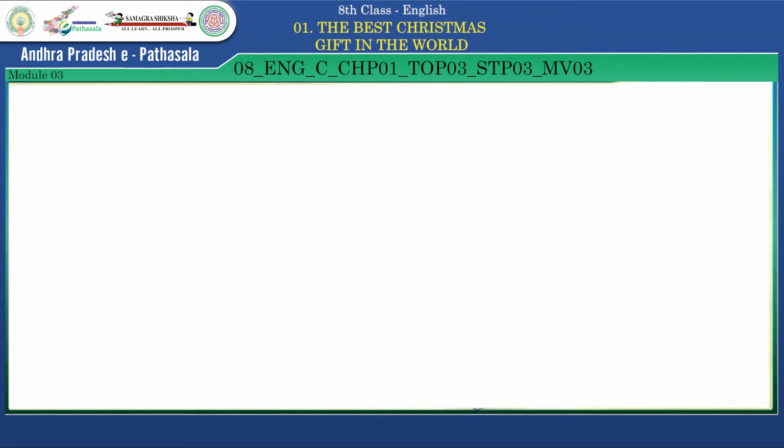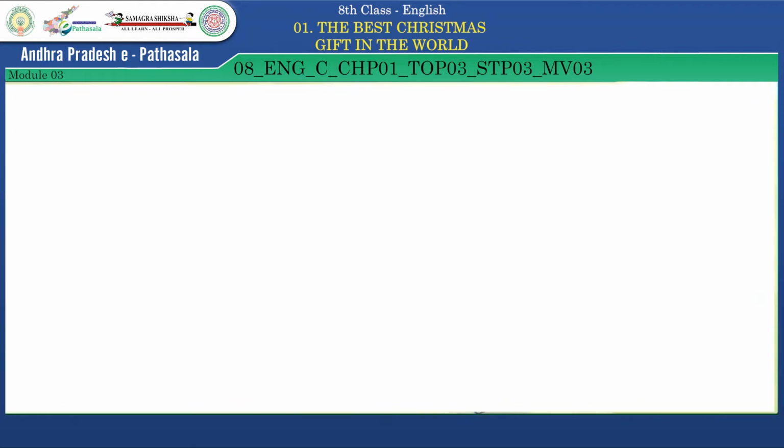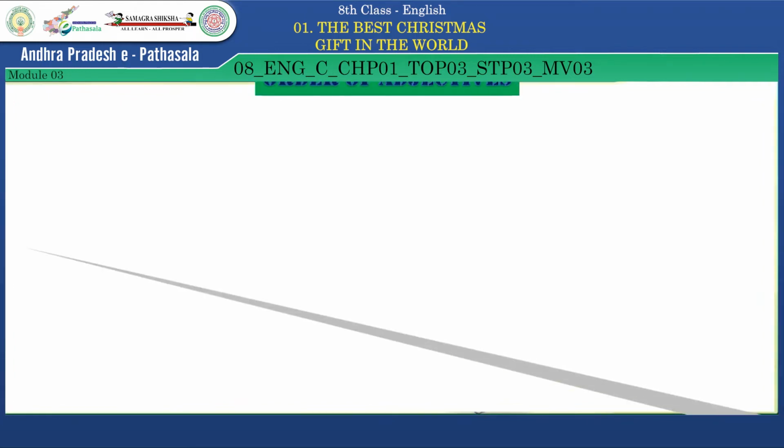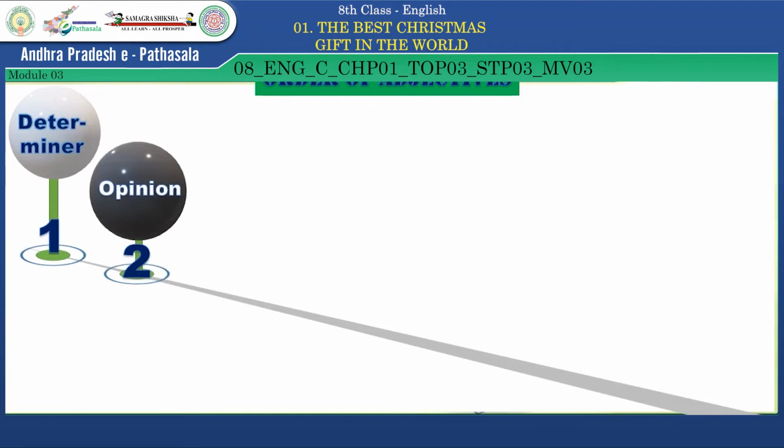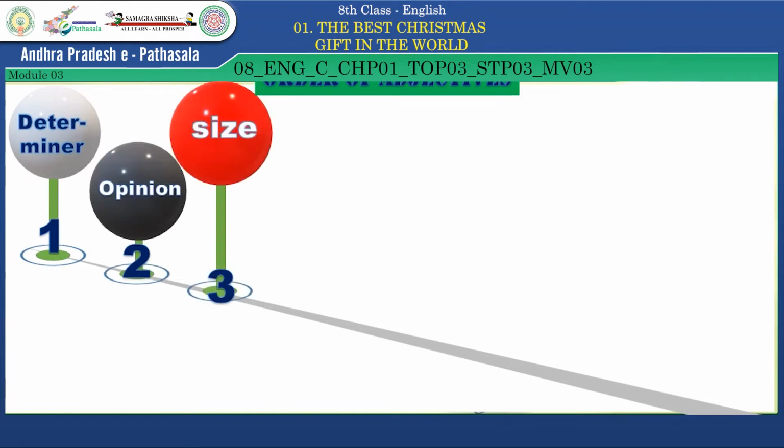Students, we discussed that the noun or the head word is preceded with 4 adjectives. Did you notice the order in which the adjectives occur? Now, let us know the order of adjectives. Firstly, determiner. Second, opinion. Third, size.